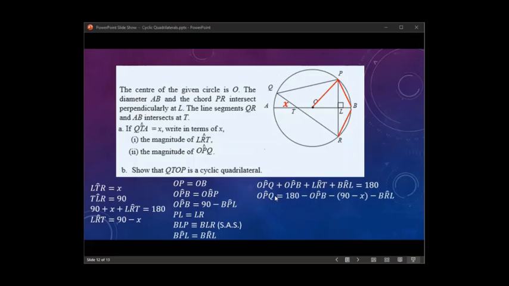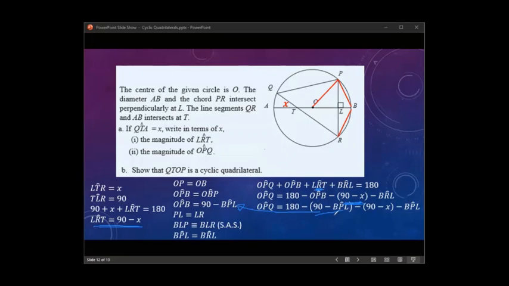Then we can make OPQ the subject by sending all the other terms to the right side. So 180 minus OPB minus LRT. Instead of this LRT, I will put 90 minus X because it is proven, and BRL. Okay, so further simplification, instead of this OPB, I can write 90 minus BPL because it's also proven here.